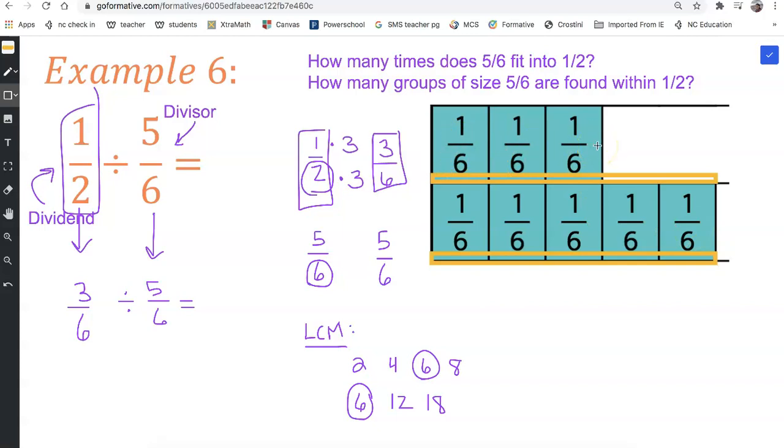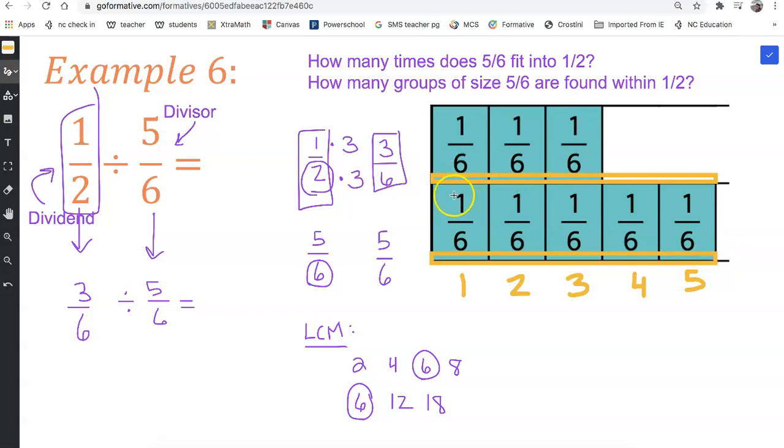Now let's see what fractional part of this group is able to fit into 3/6. So I'm going to grab my scribble tool, and I'm going to think about the fact that one group of 5/6 is made up of 1, 2, 3, 4, 5 parts. Now what portion of this 5/6 will fit into 3/6?